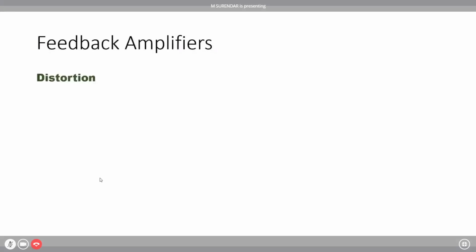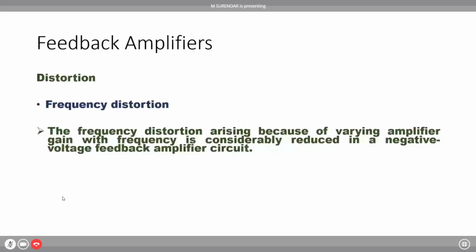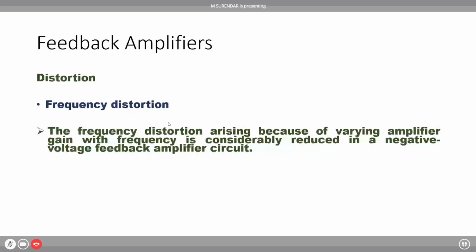The frequency distortion is when the feedback element beta consists of elements like resistor, capacitor, and inductor. If it is purely resistive, then we don't have any capacitances there. Then it is independent of frequency. So whatever the dependency of your amplifier on the frequency, that will be reflected in your feedback amplifier as well.